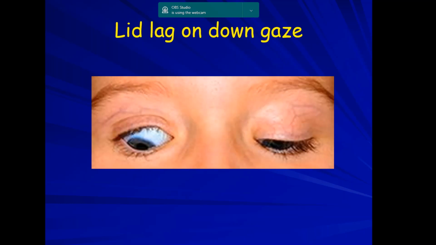Congenital ptosis is considered one of the diseases of the CCDD, which is congenital cranial dysinnervation disorder syndrome, and it is characterized by dysinnervation but also levator muscle fibrosis. So the lid can't go upward or downward.